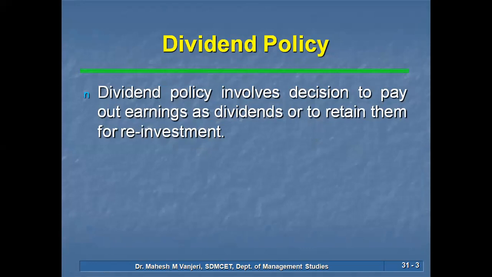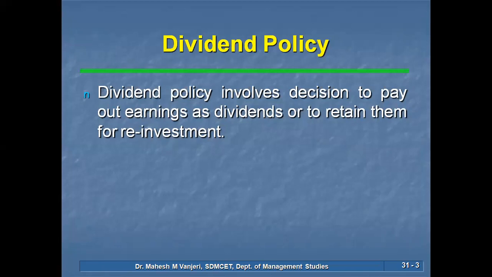Now some basics. What is a dividend policy? A dividend policy involves the decision to pay out earnings as dividends or to retain them for reinvestment. We saw this in the video. Dividend on equity shares is not mandatory by law.